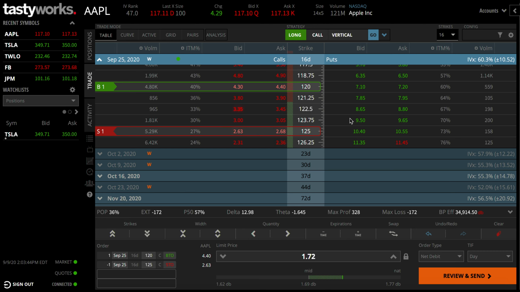And what's your max loss? Max loss in a debit spread is 172. If it's below 120, both legs expire worthless, so you don't need to do anything. You just lost 172. That's it, you are done.